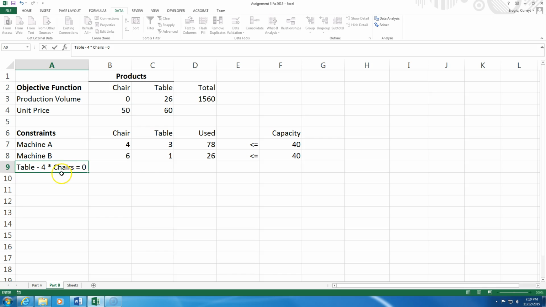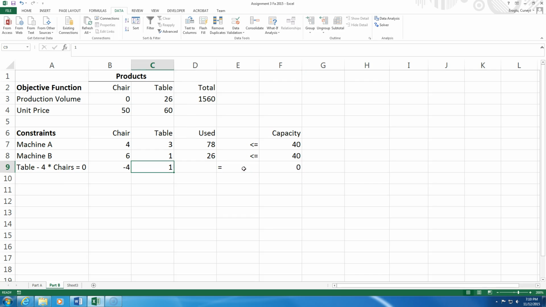Okay, so let's do that. So chairs will be multiplied by minus 4. Tables will be multiplied by 1. Okay, and this should be equal to 0.